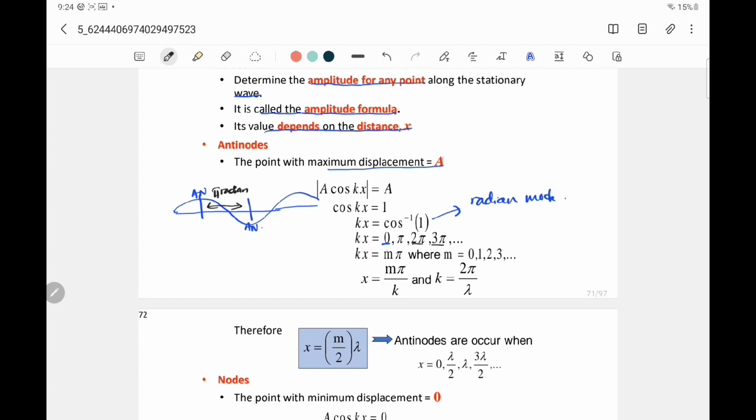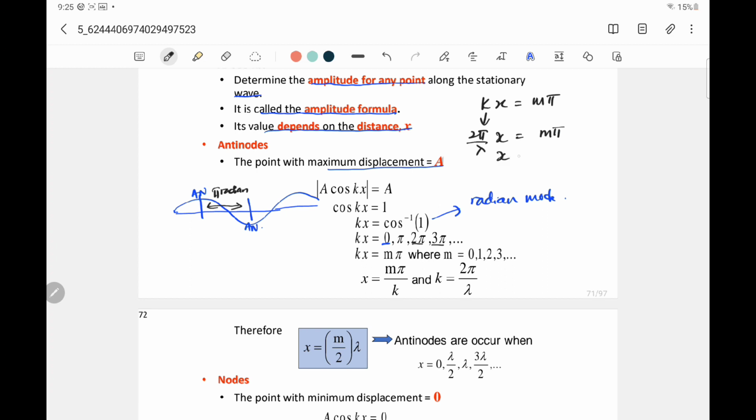So kx is equal to m pi, where m is 0, 1, 2, 3. So we have here kx is equal to m pi. We know that k is equal to 2 pi over lambda, and x is equal to m pi.